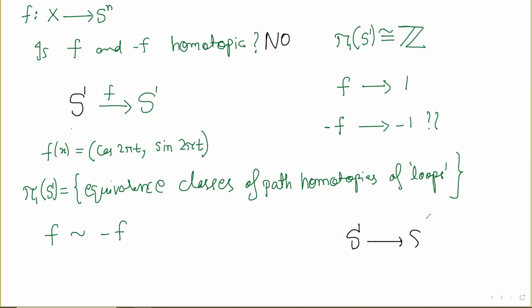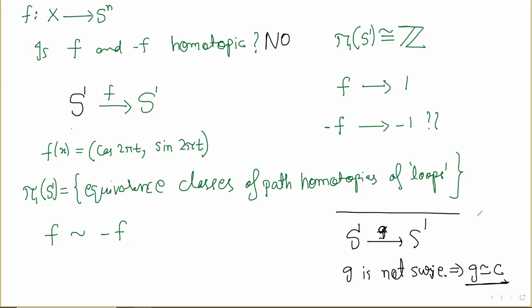And this you can actually try to prove: G is not surjective implies G is homotopic to the constant. This is a separate thing. You can think about this later. But basically we are talking about surjective maps.